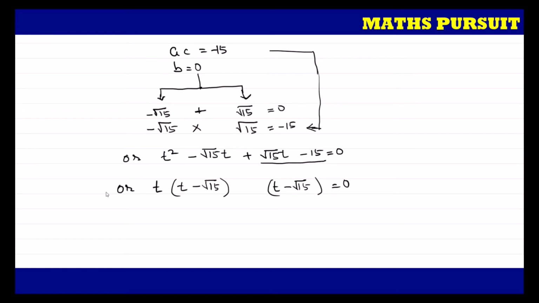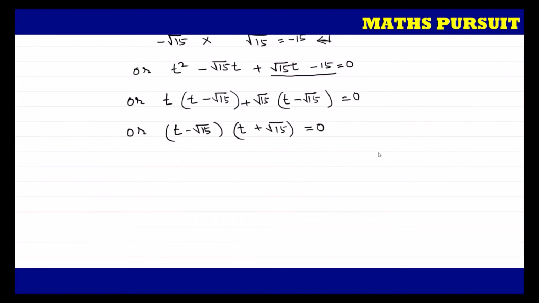If I multiply plus root 15 with this t, I will get root 15t, and root 15t into minus root 15 gives minus 15. Now taking t minus root 15 as common, one part is t minus root 15 and the other part is t plus root 15. These are the two parts that we derive from this quadratic equation.